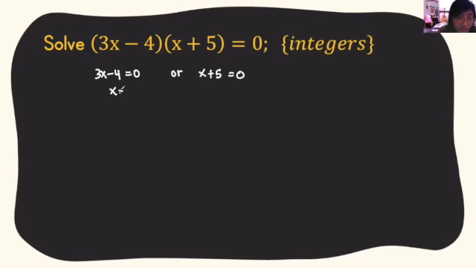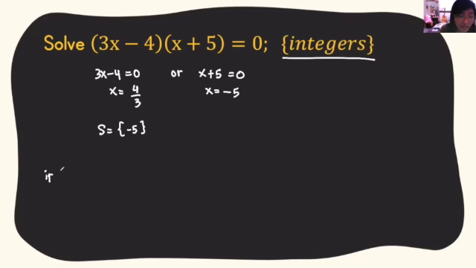And here I got x equals 4 over 3, but on this side I got x equals negative 5. Back again to the question. The domain of the solution is integers, so from the answers, yes, it's negative 5. So our solution here is only negative 5.